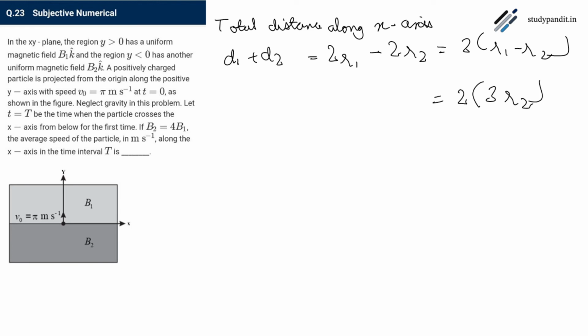So total time T equals T1 plus T2, which equals 5T2.